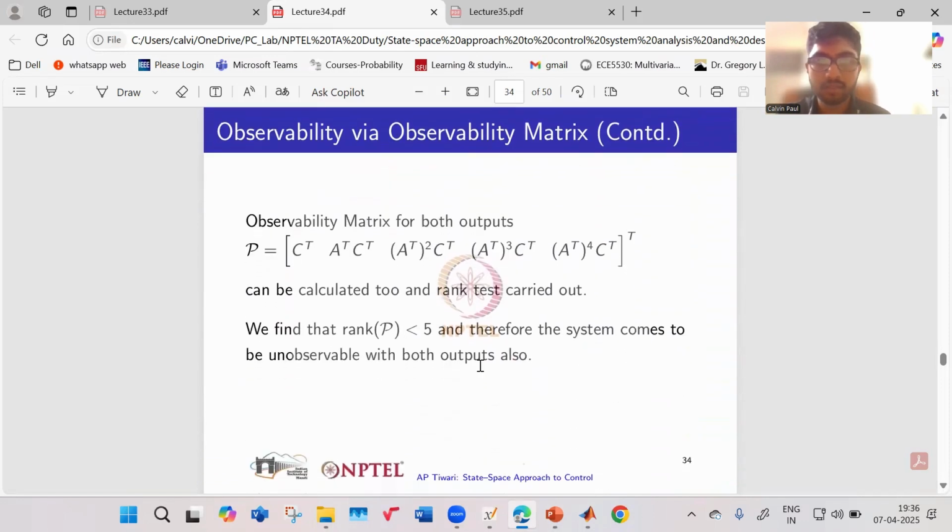Okay. So let us find the observability for both outputs.